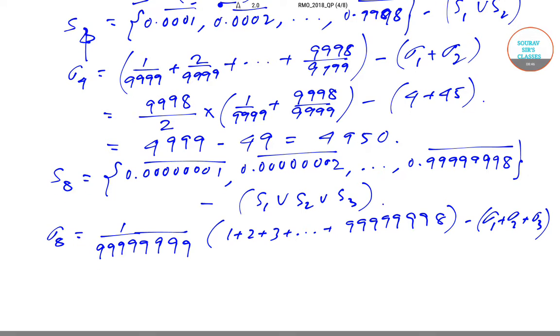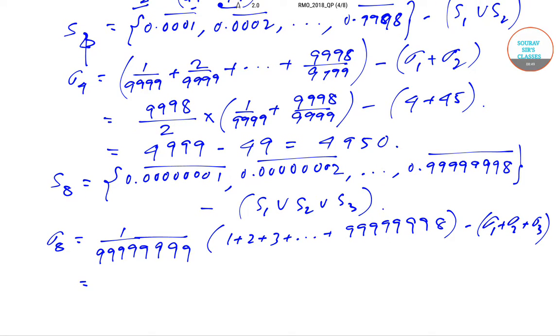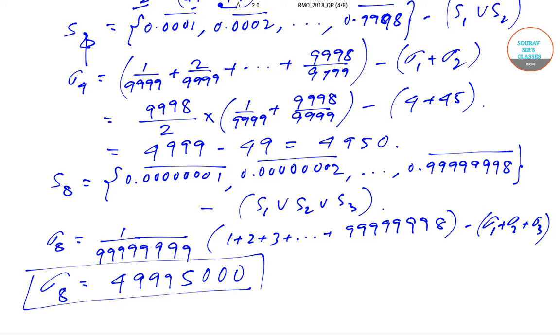Okay, so if we do the entire multiplication, this will ultimately give us 4999, then a 5, and then we'll have 3 zeros. So this will be the sum of all the numbers having period 8.